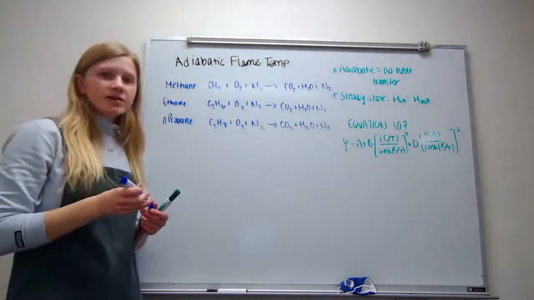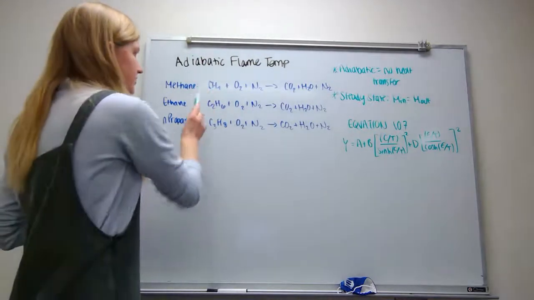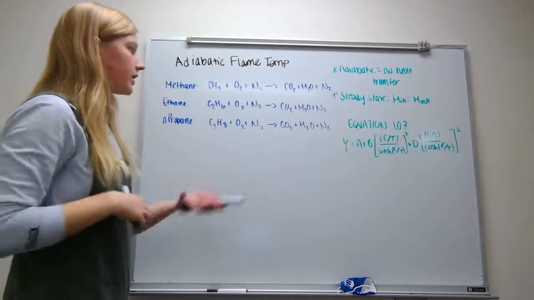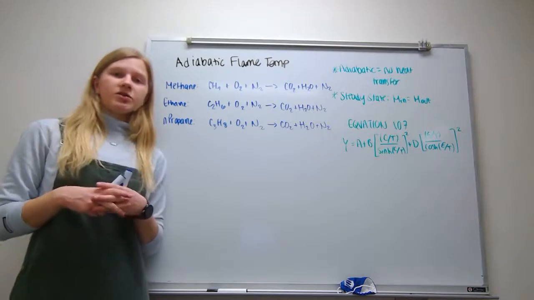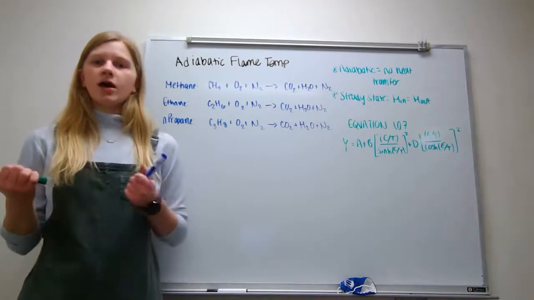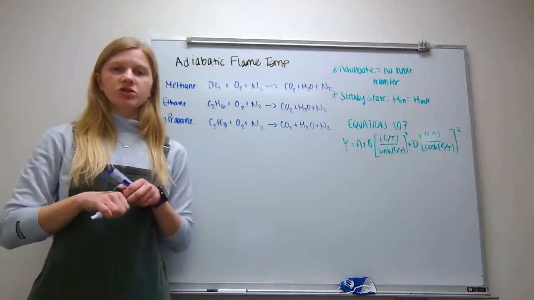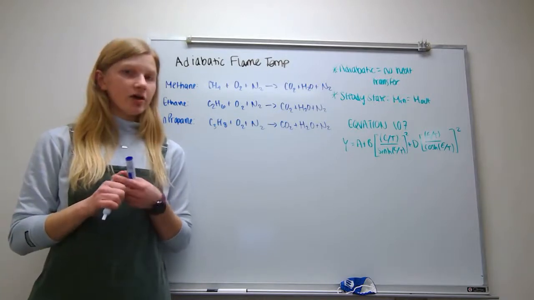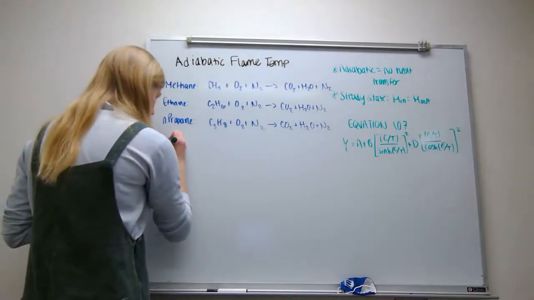So that's what we get for each of our equations, but they aren't balanced yet because we have different amounts of carbon, oxygen, and hydrogen on either side, so we need to make sure that they are balanced. We also need to note the ratio of nitrogen to oxygen in the air when we balance our equations. So we'll write that over here.